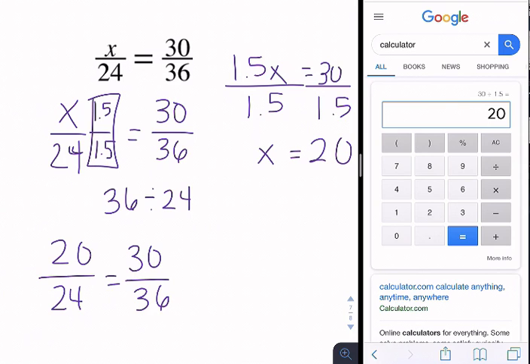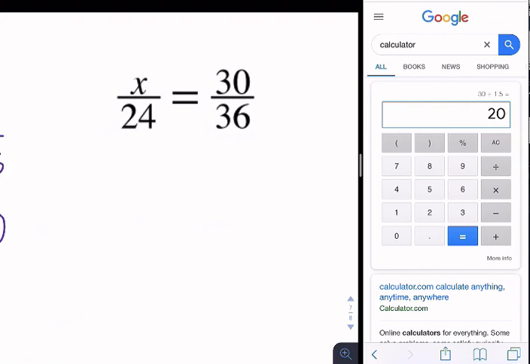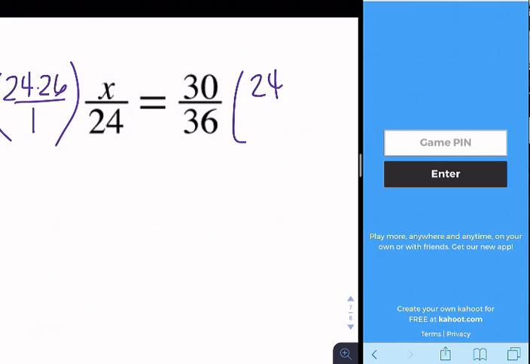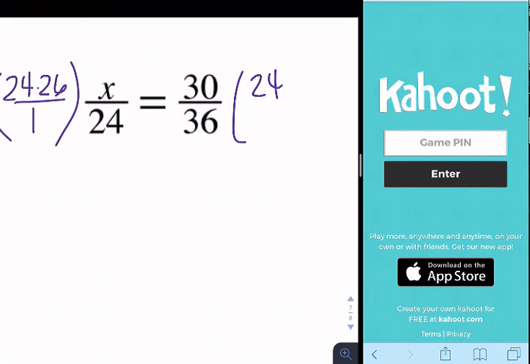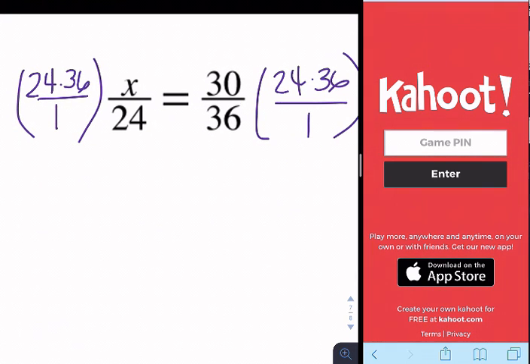There we go. All right, so again, we could do that method with fraction busters. I know that I am going to do 24 times 36 over 1 and 24 times 30 over 1. Sorry about that, this should have been 36. All right, now I'm getting rid of my 24s.